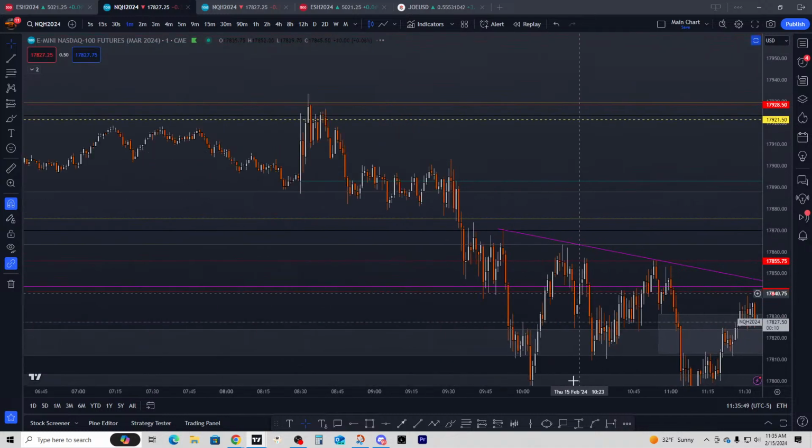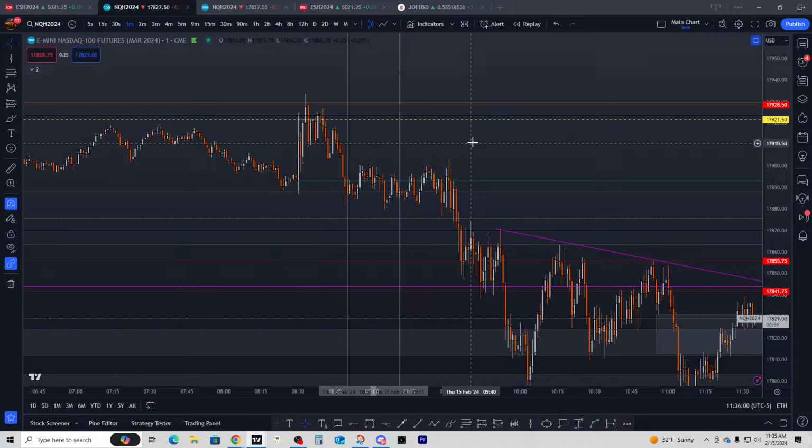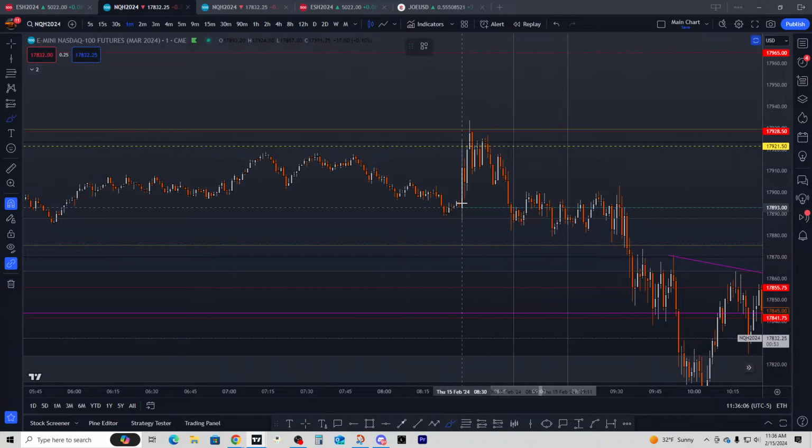But pre-market today, if you look at the macros from 8:50 to 9:10, we consolidated. But you can tell right before the macro happened, at 8:30 the news came out, we consolidated, and we shifted down lower.